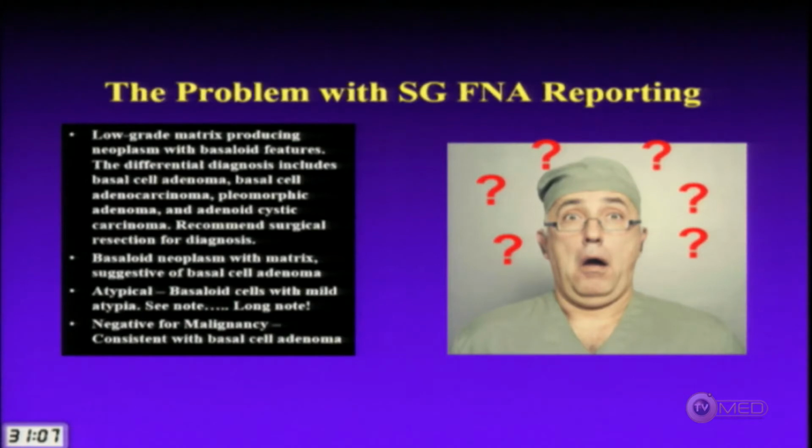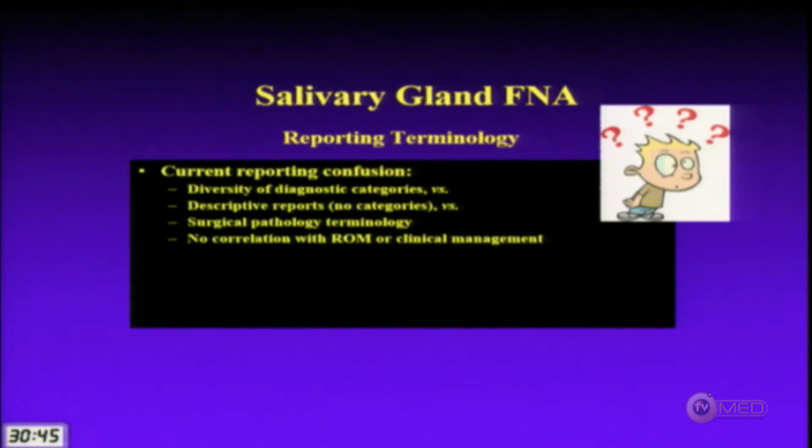So this is the problem that we're dealing with, and the surgeon needs to understand what it is we're talking about. He needs to understand what the risk of malignancy is for this lesion so he can have a discussion with the patient and decide upon the best management. And I'll come back to some of these management issues in a few minutes. So just to summarize, the current reporting confusion for salivary gland is due to a diversity of diagnostic categories out there.